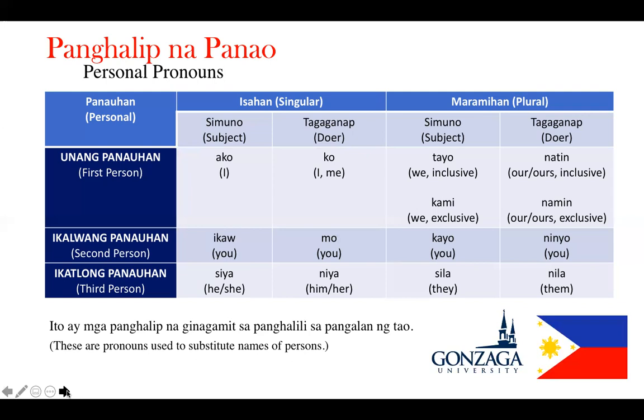Right? For example, notice the difference of these two sentences. Martha is beautiful. Martha cooks breakfast.